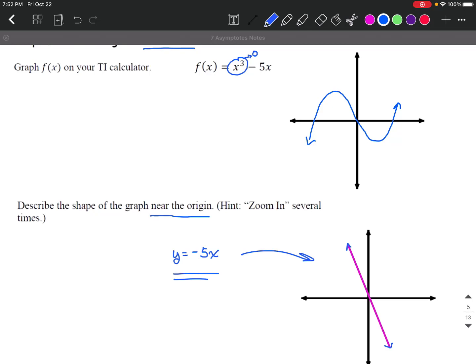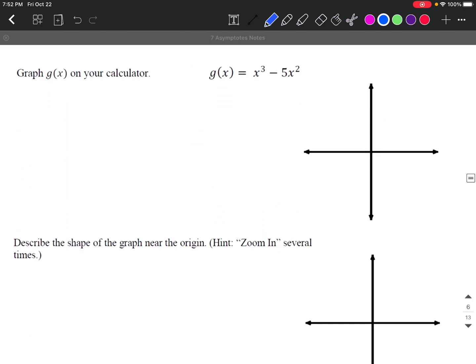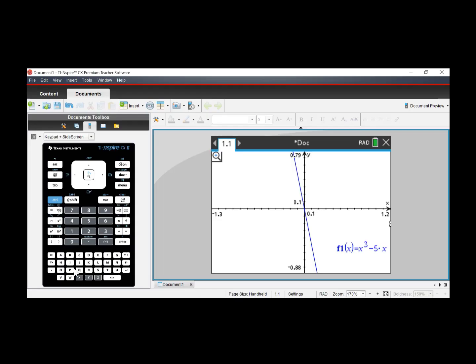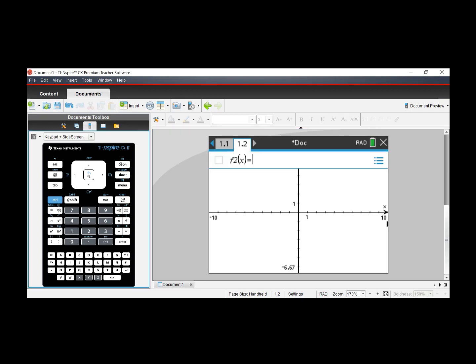Okay, let's take this function. Now I want you to go to your calculator and graph g of x is x cubed minus 5x squared. Okay, so now let's put in a new graph page. And this time we're going to graph x raised to the third minus 5x squared, and hit enter.